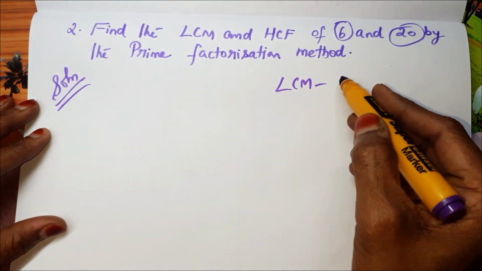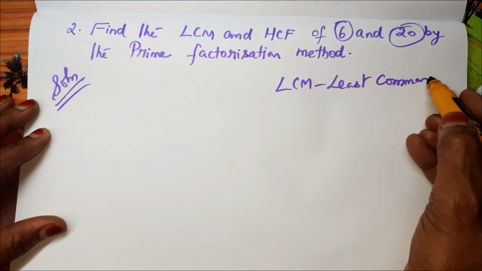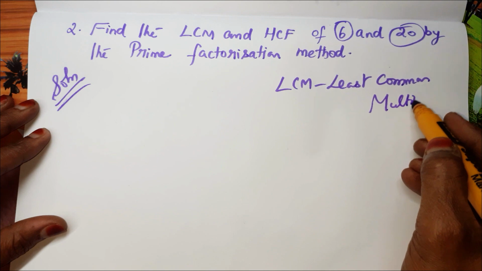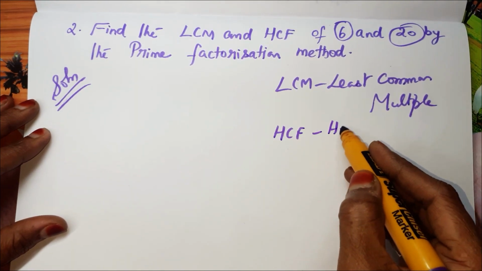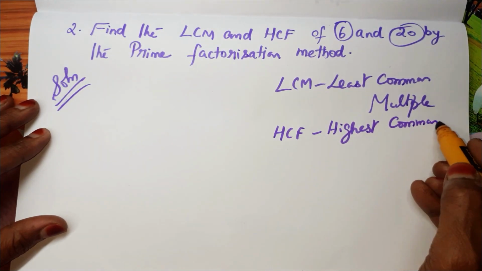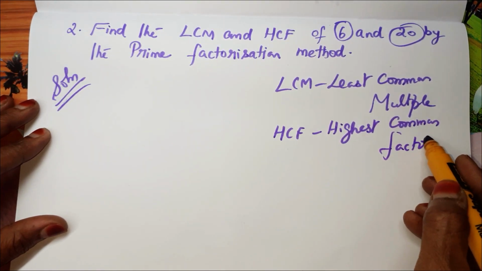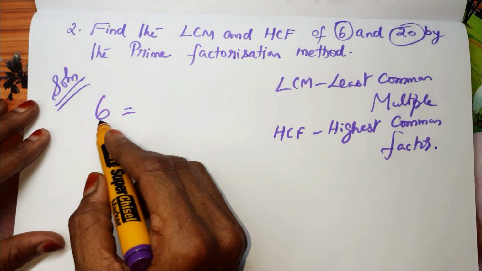LCM means the least common multiple. And what is HCF? Highest common factor.